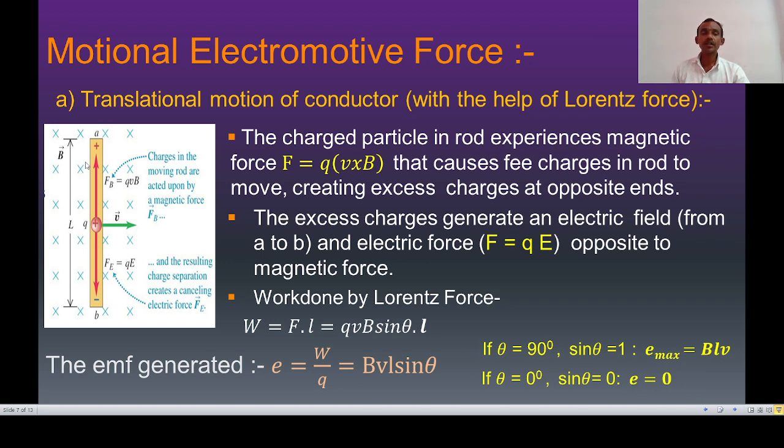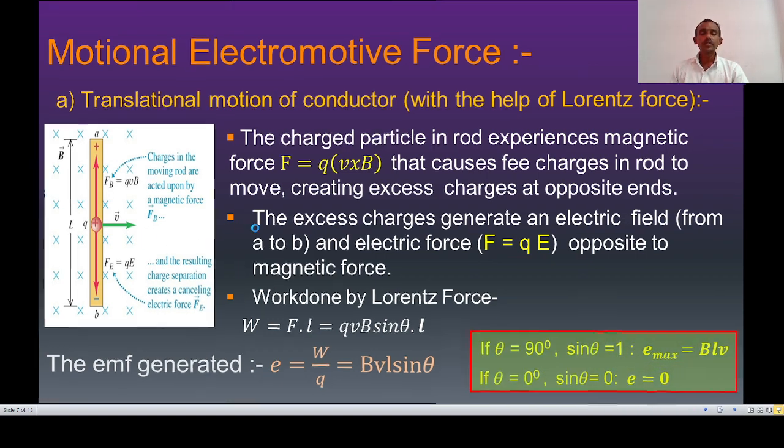That means when the rod is in motion perpendicular to the velocity vector and the magnetic field B, the maximum EMF will be induced in that rod, and that is equal to B L V. And if any of them is parallel, that is, if B is parallel to V, or V is parallel to L, or L is parallel to B, at that time no EMF will be induced in that coil.